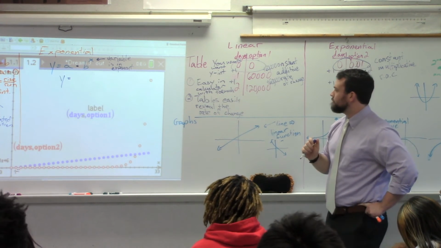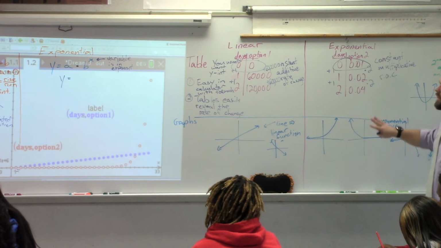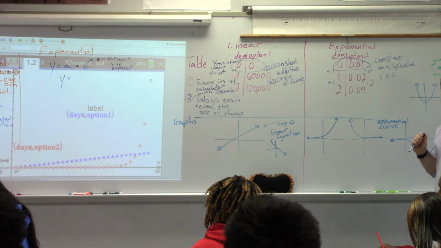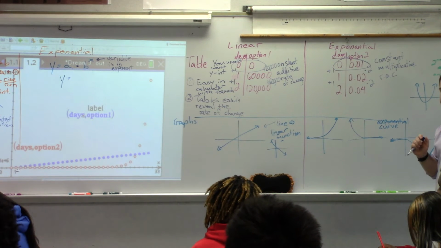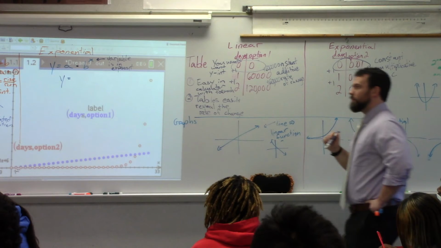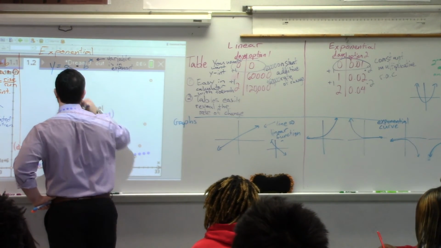So Anna, what's going to be a for this exponential function, right? We still have this table over here. Remember, the table is going to help us write equations. Any guesses? For the second one? Yeah. 0.1? Wait.